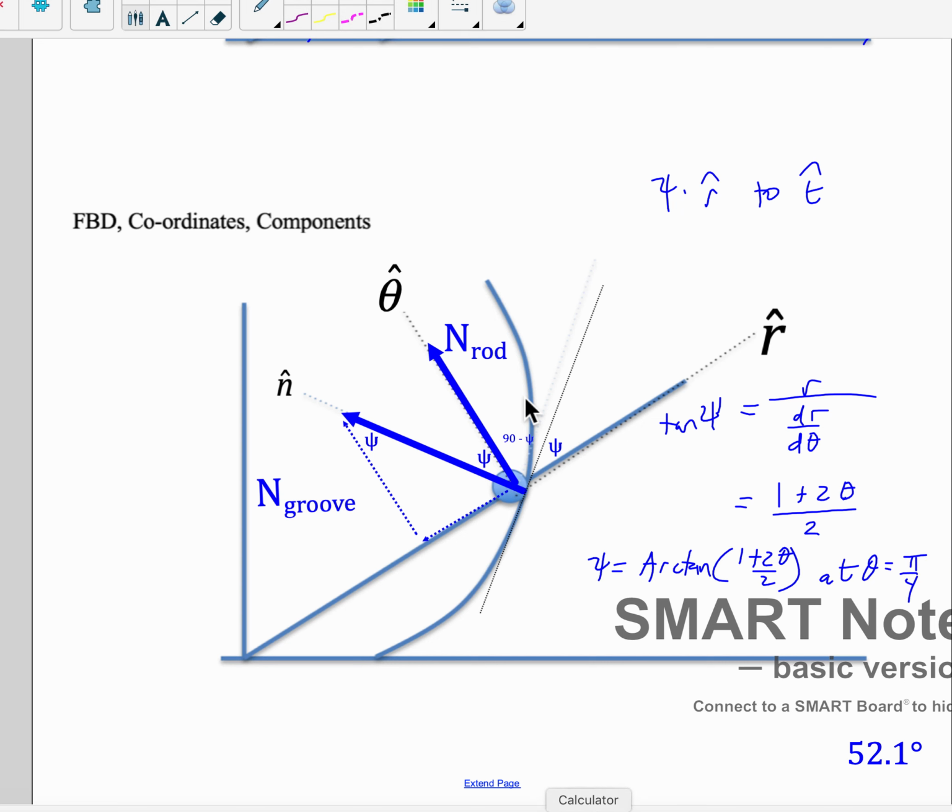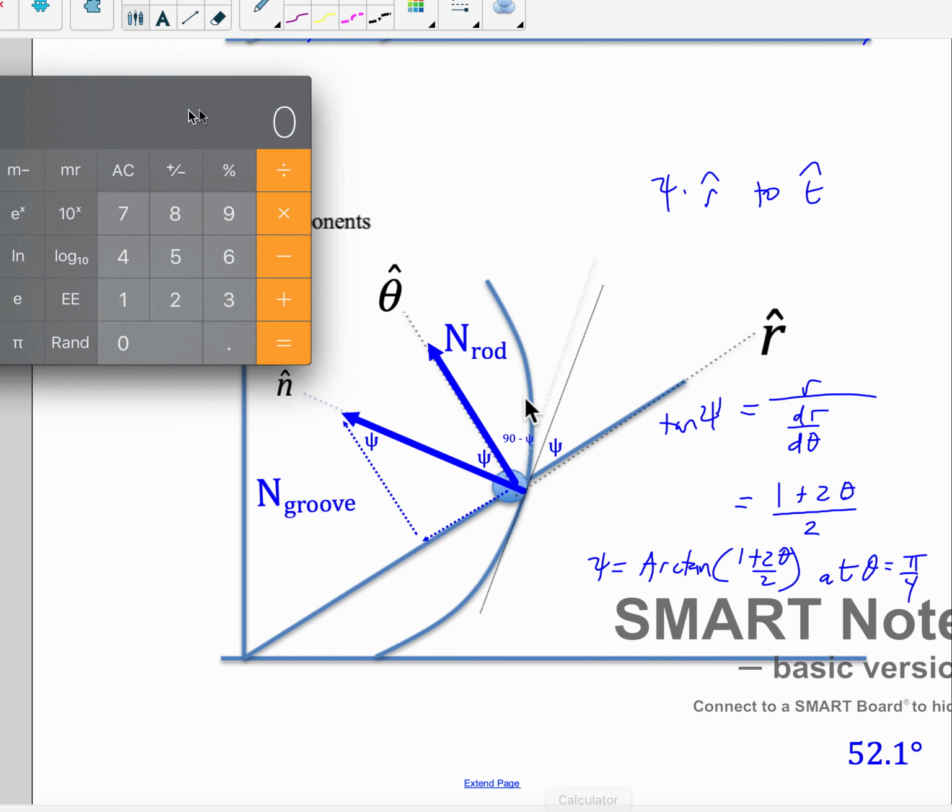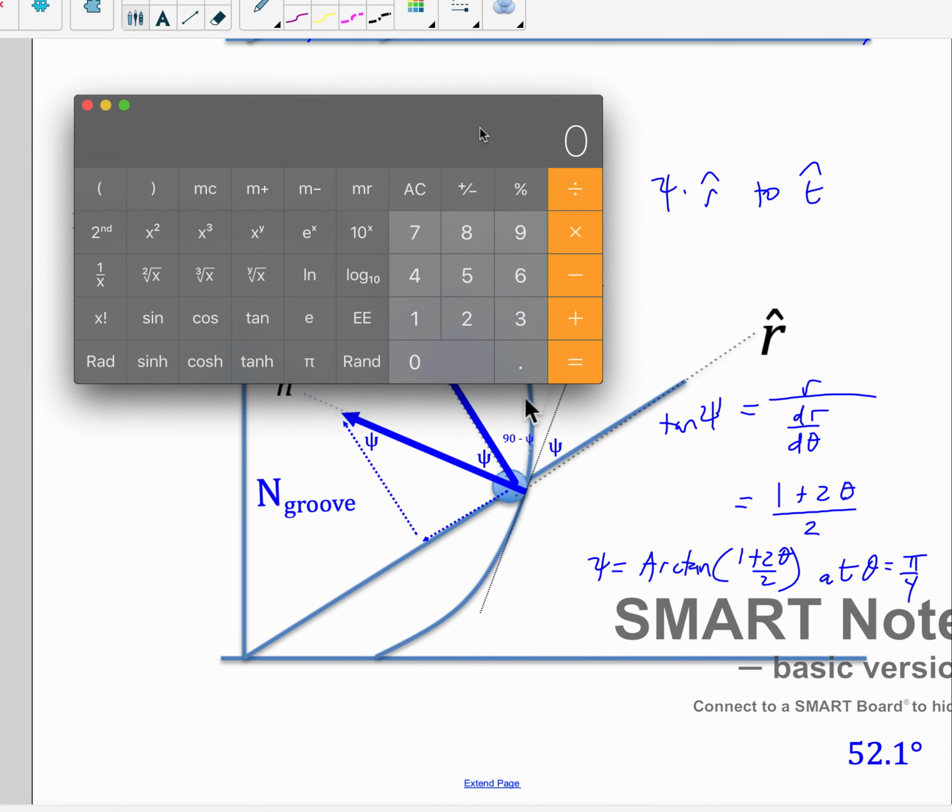So we're going to do pi divided by 4, it's just a number, then multiply that by 2, add 1, find what that is, then divide that by 2, and now we do the inverse tangent of that, and I get 52.12 degrees.